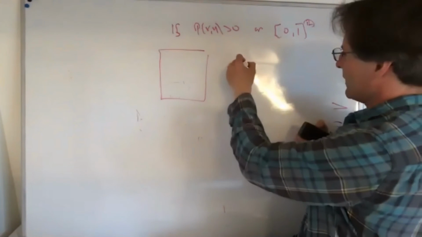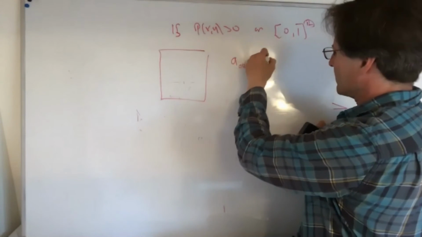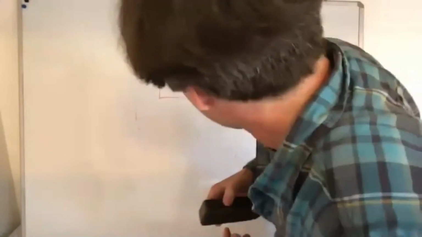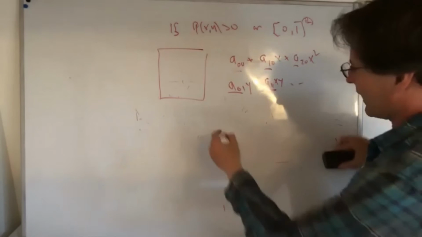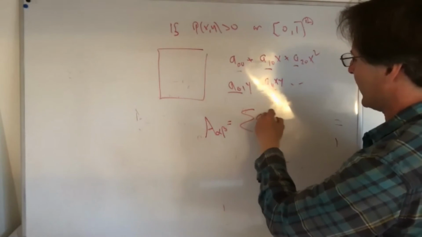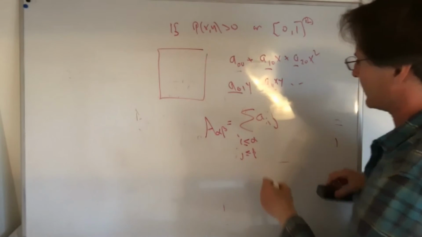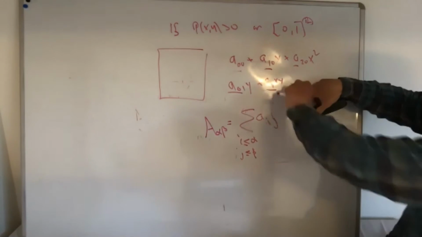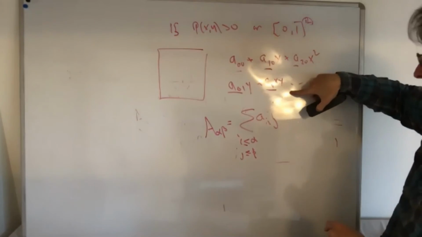So what I do is I write out all the coefficients. I take my polynomial and I write it out as an array, and then I make these things: a_{alpha,beta} is the sum of all a_{ij} with i less than or equal to alpha, j less than or equal to beta. So I put my finger somewhere and I just sum up all the things going to the left and up.